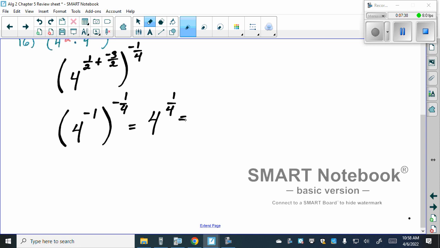But if we look at 4, can I rewrite 4 as a number to a power? Oh, yes, it would be 2 squared. 4 is a perfect square. Now the reason I say this is because here, again, powers of powers multiply. So 2 times 1/4 is?